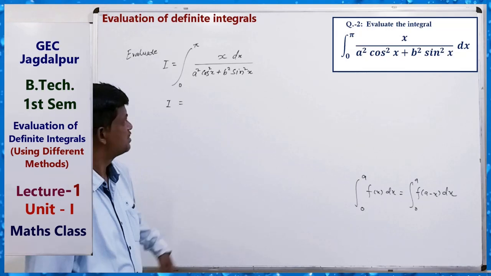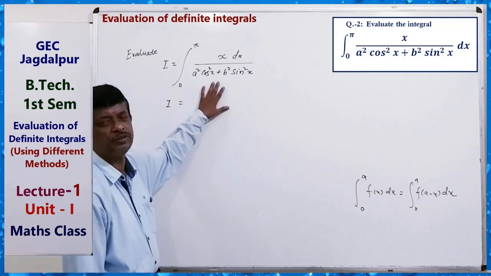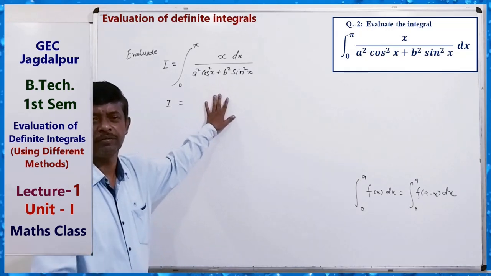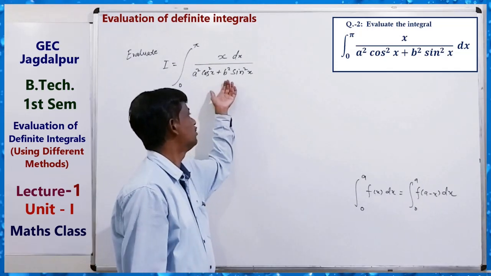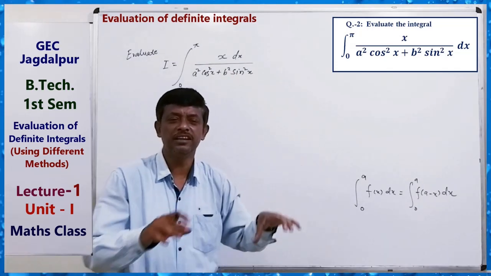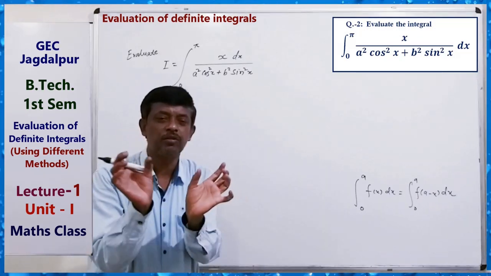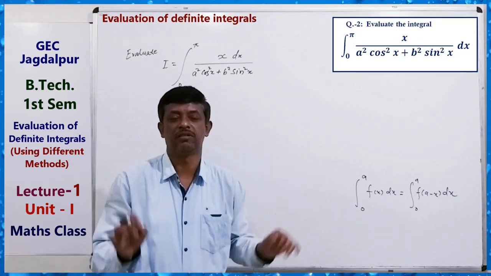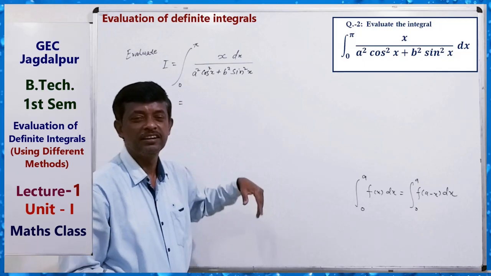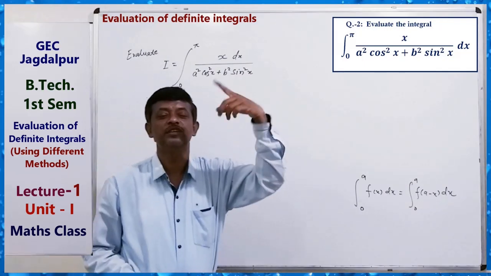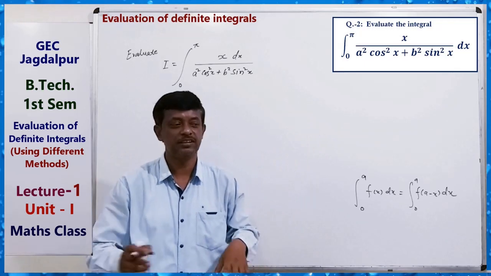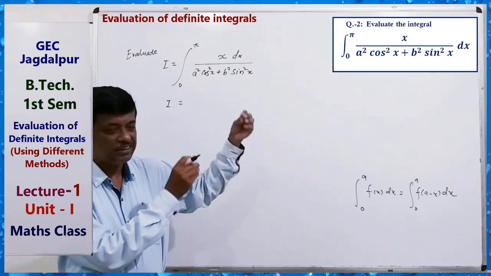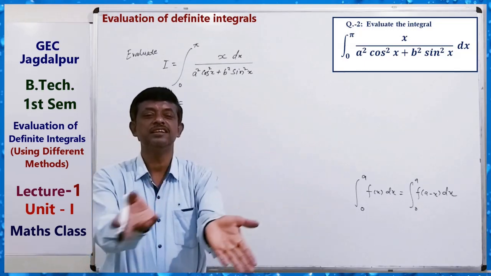We know that in integration, whenever the numerator or denominator contain sine and cos terms with the same power, we can divide numerator and denominator by cos square or sine square, and then convert it into a form that can be easily integrated.